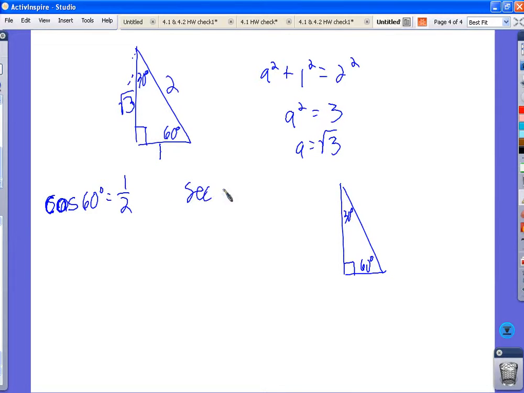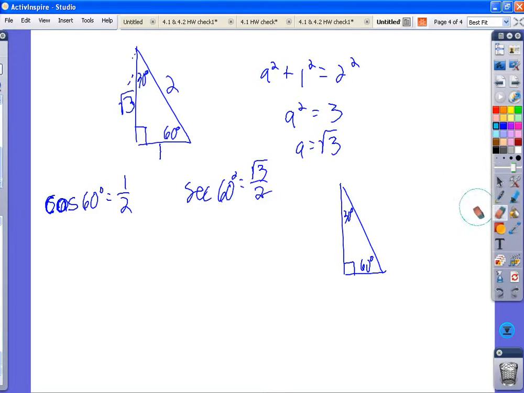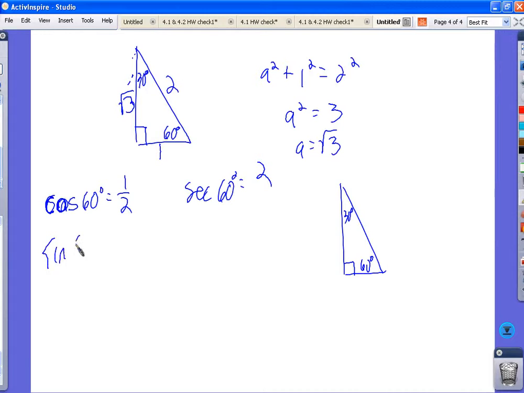So the secant of 60 degrees is 3 over 2, no, 2 over 1. 2. The sine of 60, that's root 3 over 2. The cosecant is 2 over root 3.